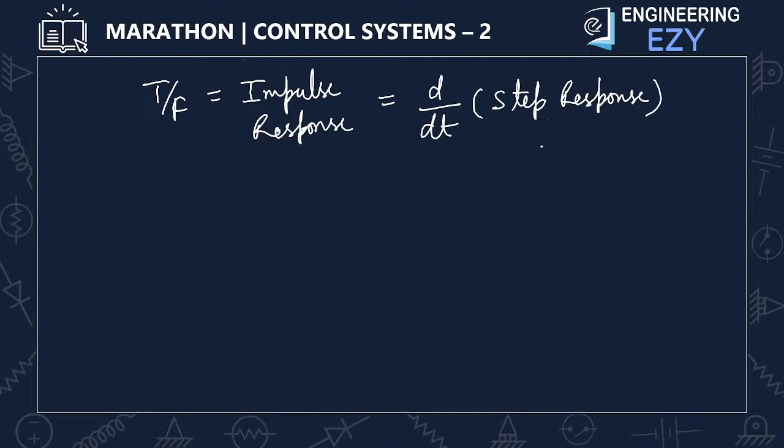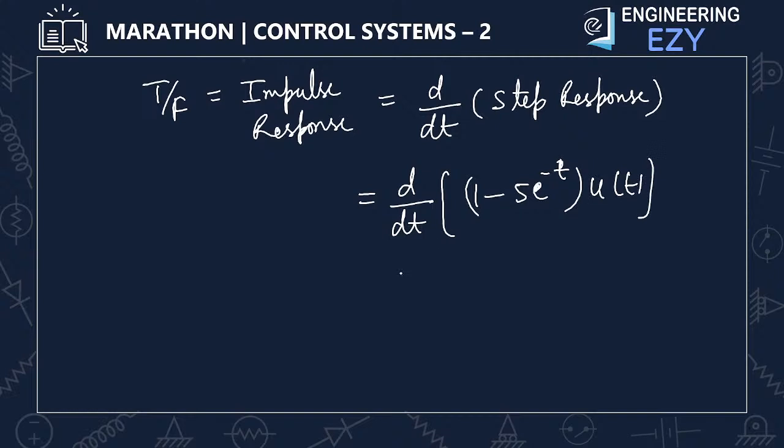If you use this formula, the differentiation of 1 is not 0, and the differentiation of u(t) is delta(t). So d by dt of 1 minus 5e to the power minus t u(t): before differentiating, you should write it as u(t) minus 5e to the power minus t u(t).